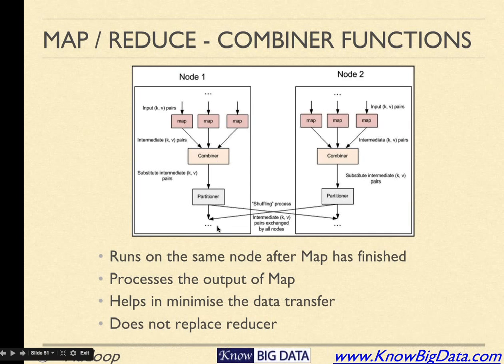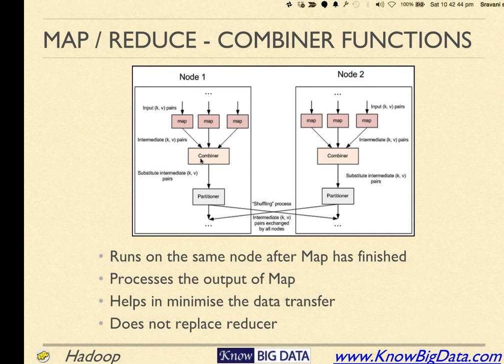Before sending it to the partitioner, we can pass this data through the combiner so that we can compress the data, trim the data, correct the data, whatever we want to do on each node we can do.